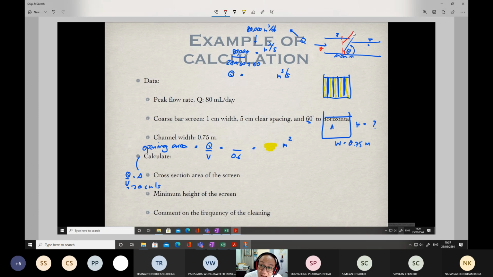So the area you obtained from this calculation is the area perpendicular to the flow direction, not the inclined area. Okay, this is the area we determined, but not the inclined area. But first, do you have any idea how to obtain the actual area? Anybody has some idea?